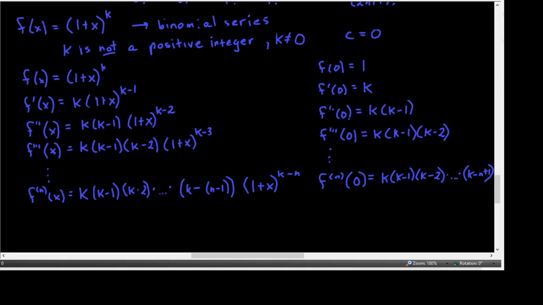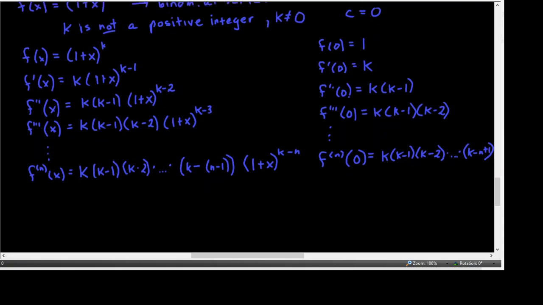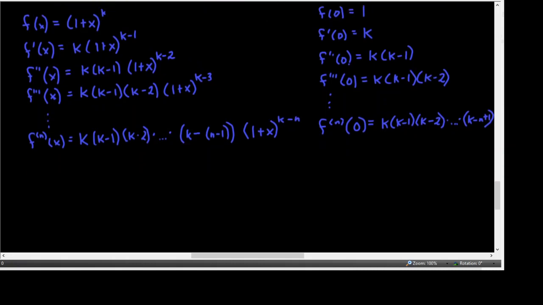So, that would mean that our series would be this. So, the series for that would be f of 0, which is 1, over 0 factorial, which is 1, times x to the 0, which is 1.